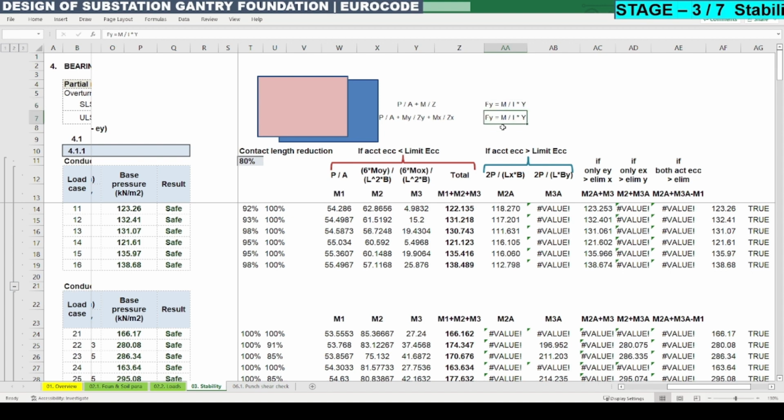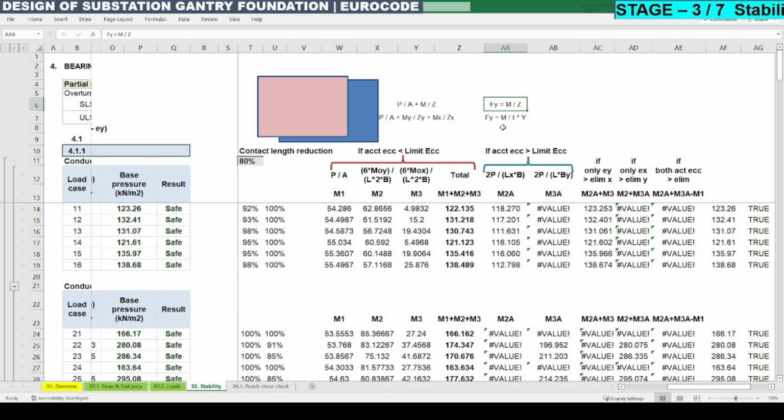Fy is nothing but a stress value divided by Z. Z is a section property of the member, that is, the section modulus of the member. So this way we can write the stress value. So here Fy is a bending stress. Converting that to the soil or foundation parameter, Fy means it is a bearing stress.